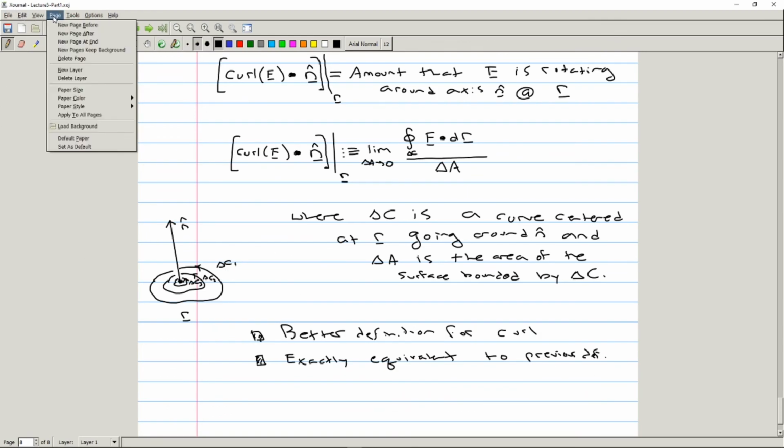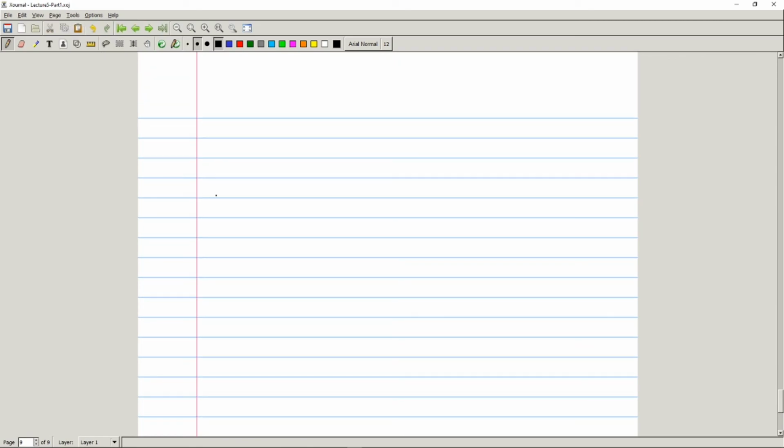And one of the reasons that it's so useful is it's a useful approximation tool. So for instance, for a small enough curve delta C, delta A also has to be small as well.